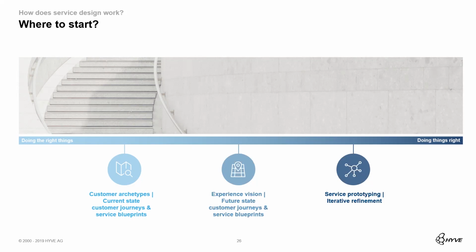So these are just three very simple things, and especially starting with the journey analysis and then evolving from there, it's something that can be done without huge commitments or huge investments, and from there companies can grow and build up their knowledge, their mindset, their skills, and grow in their service design initiatives.